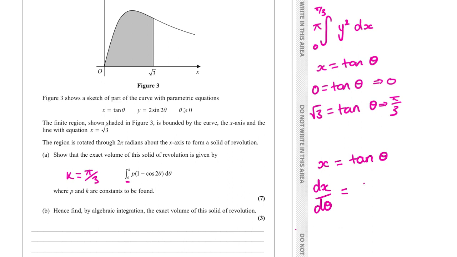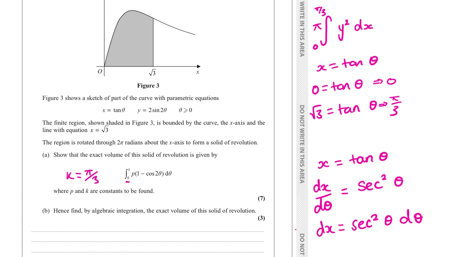Which gives me sec squared theta. So that means that dx equals sec squared theta d theta. Okay? So now we know what dx is. Do we know what y is? y is in fact 2 sine 2 theta.